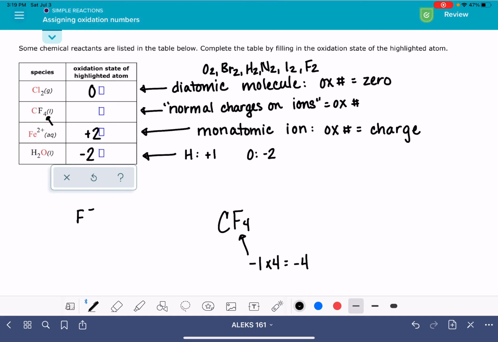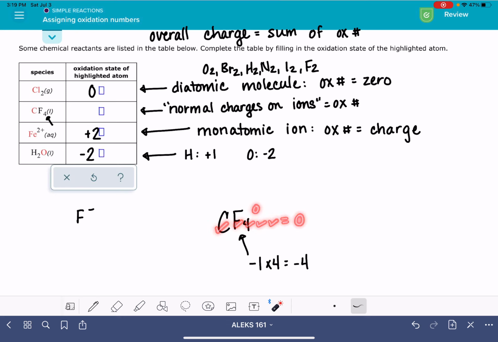The other rule that we're going to rely on to help us solve this problem is that the overall charge on your molecule or your ion is always going to equal the sum of all of the oxidation numbers in that molecule. This has an overall charge of 0, which means that when we add all the oxidation numbers up in this molecule, they all have to add up to 0. So we have to add 4 with some number and get it all to add up to 0, and that's obviously easy math for you to do. So that means that this carbon is going to be a +4.